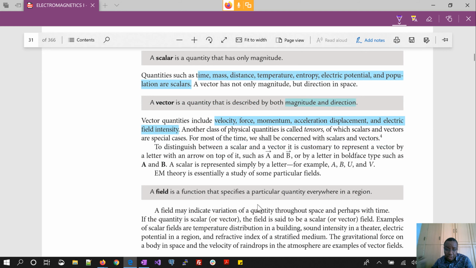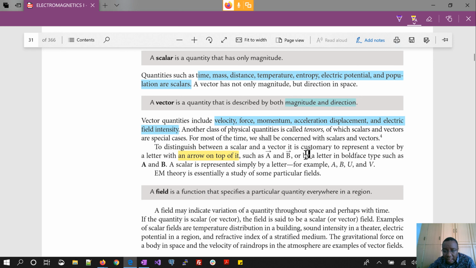Now, to distinguish between a scalar and a vector, we customarily use an arrow at the top of the vector. I want to underline this one. We normally use an arrow at the top of the letter, such that the way we have written this A and this B, this indicates that that is a vector.